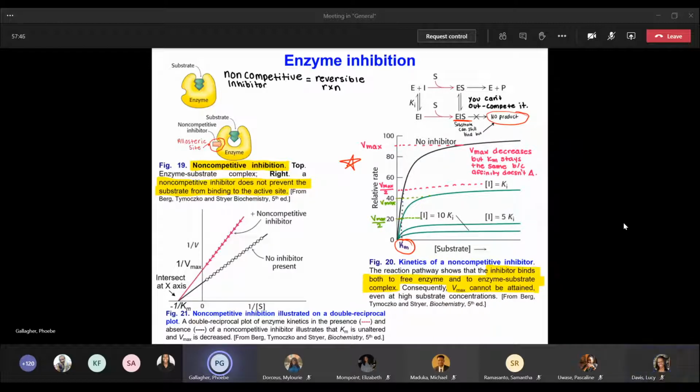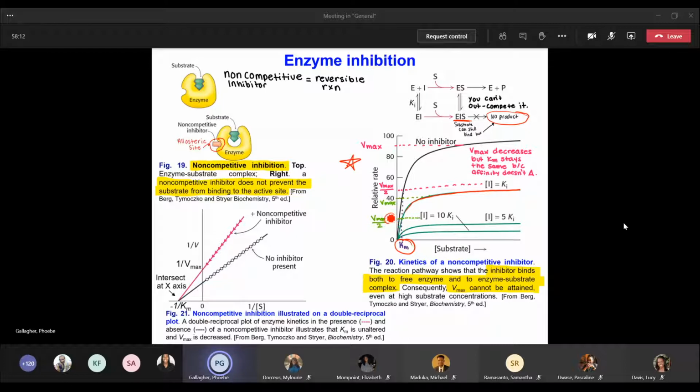Okay, so you'll see that because you have inability to form product with the addition of the non-competitive inhibitor, your Vmax is going to decrease. So you'll see that by the fact that it levels out at a lower rate. So because of that, your Vmax is now at around 40, and half of 40 is now 20.